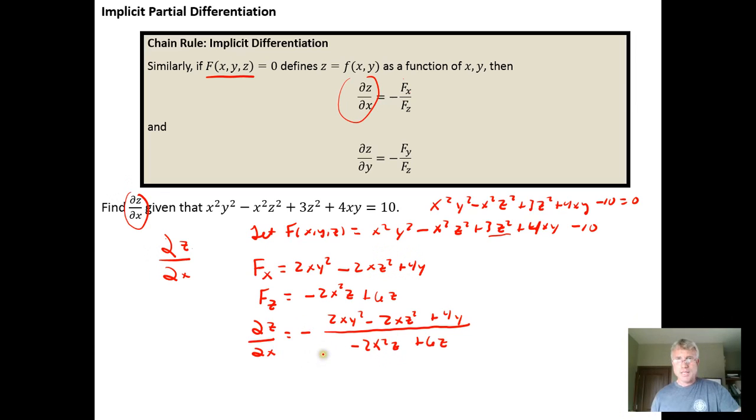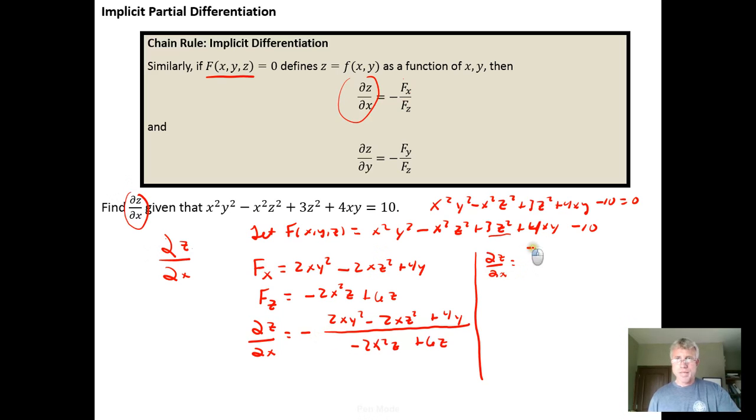I can see that a 2 can factor out of the numerator and denominator, and I should go ahead and distribute the minus sign into the numerator. If I factor a 2 out of the numerator and denominator, that will cancel, and then distribute the minus sign in.